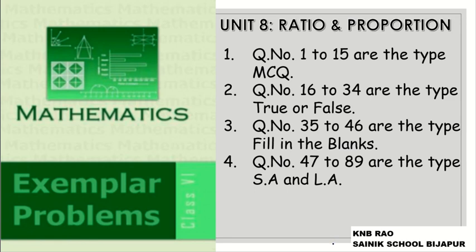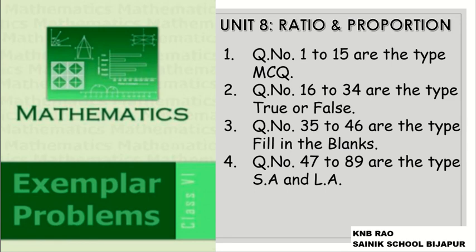So put together they are objective types. From the 16th to 34th question we have got true or false type questions, and later 35th to 46th we will have fill in the blanks types, and for 47th to 89th questions, short answer type and long answer type questions are there.